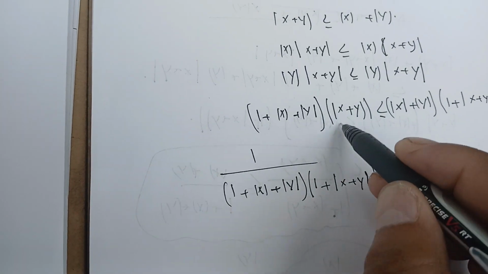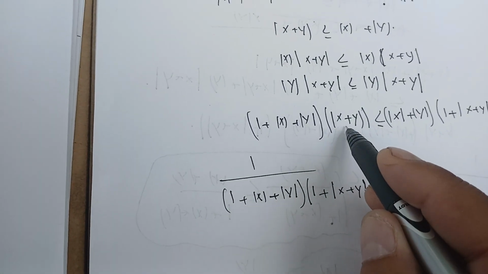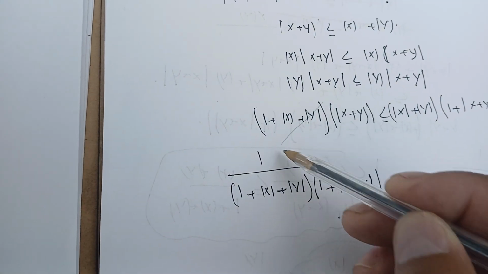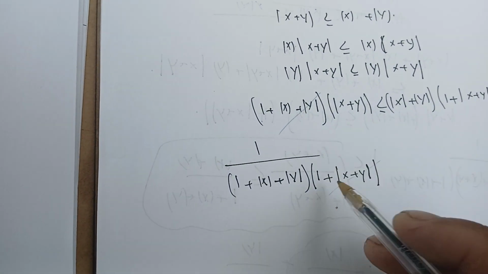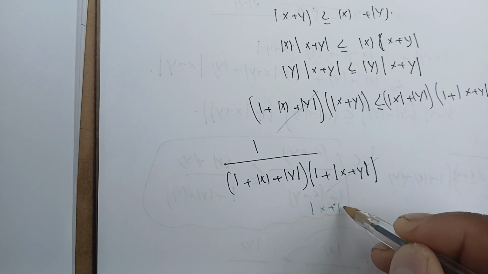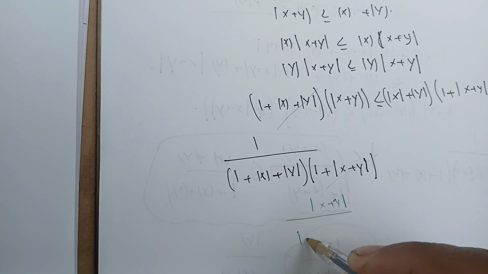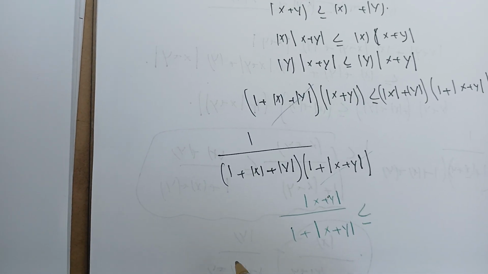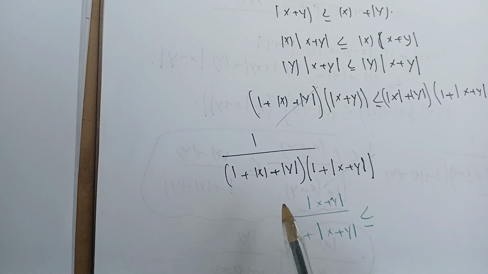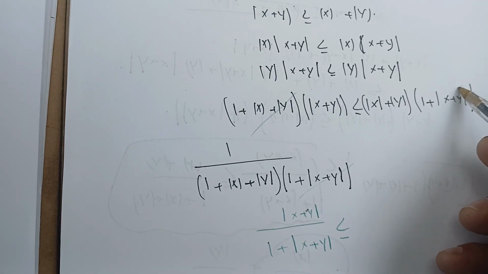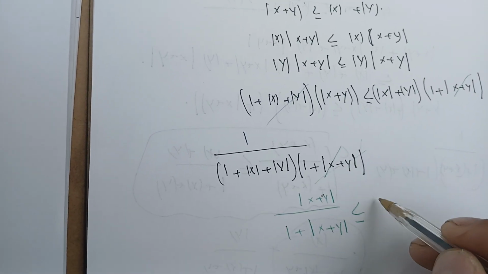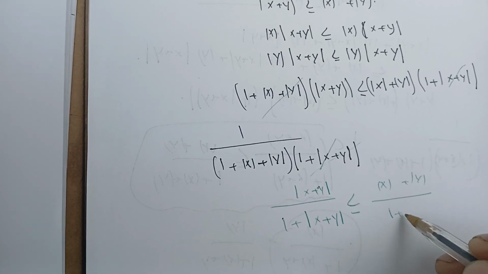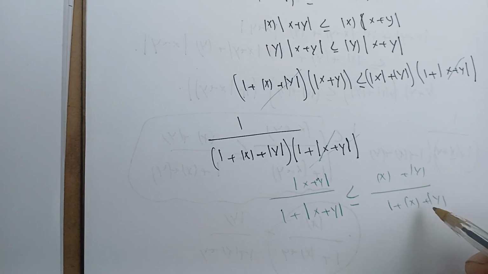Okay, once we do that, what do we get? So this one is going to go. This one is going to go. On the left side, we're going to have only the absolute value of x plus y over 1 plus the absolute value of x plus y. On the right side, this term is going to go. We're going to have only the absolute value of x plus the absolute value of y over 1 plus the absolute value of x plus y.